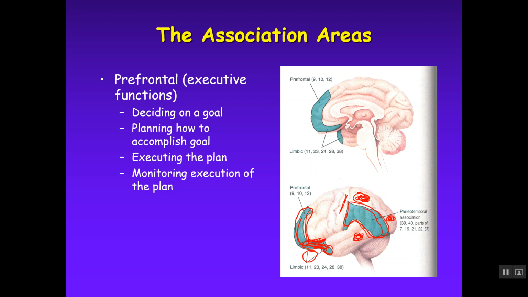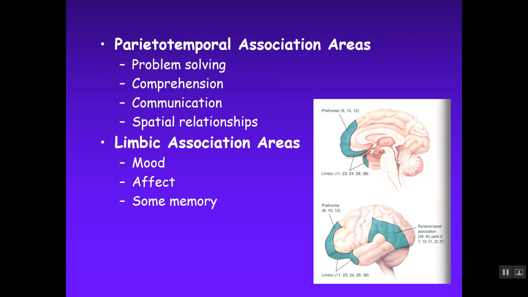And remember, you have these association fibers that run between these areas to allow you to integrate this information, send it to your frontal lobes, and then help you decide and make plans and interact in a voluntary, meaningful way. And then monitor that. So the parietal temporal association areas are for problem solving, comprehension, communication, spatial relationships. These limbic association areas here are mood, affect, and some memory.